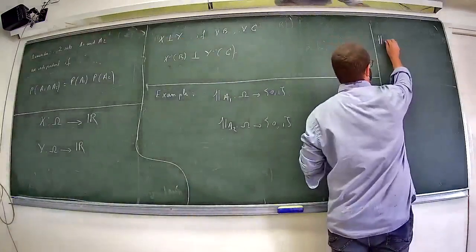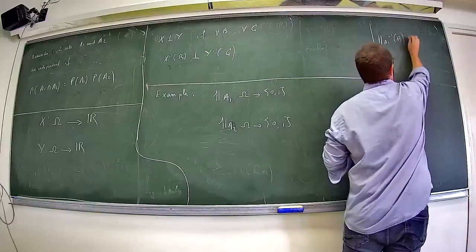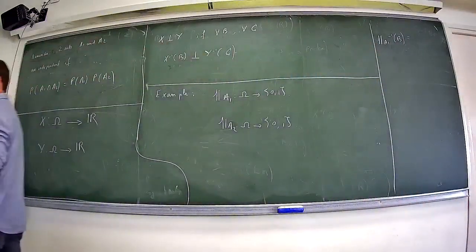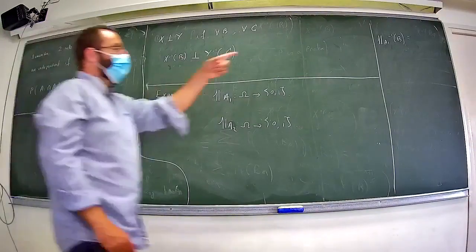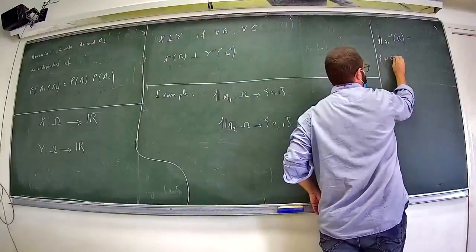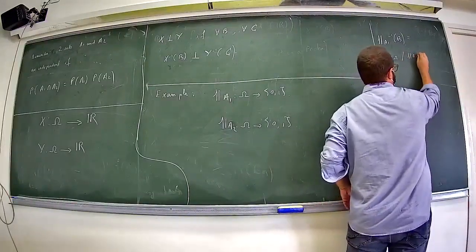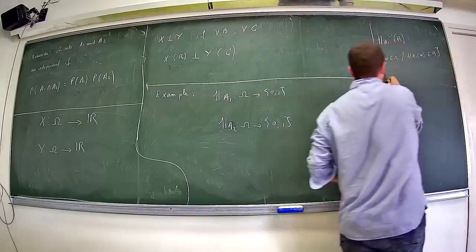My first question is what is the preimage of a set by the indicator function? So keep in mind that I come back to the definition. This is the set of the W belonging to omega such that the indicator function of A1 of W belongs to B. Okay?